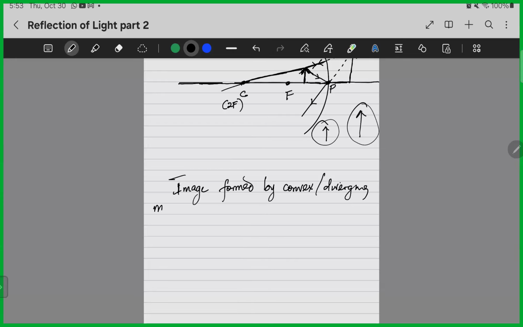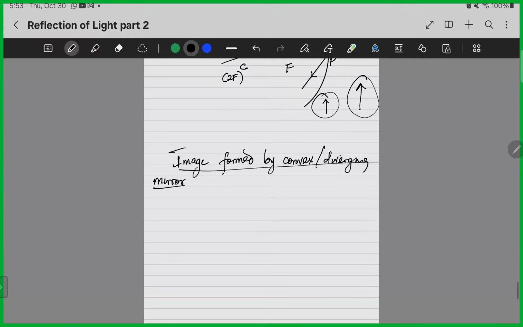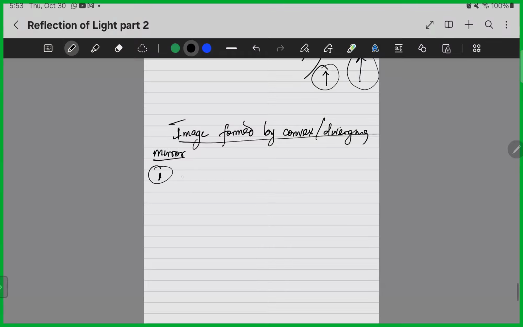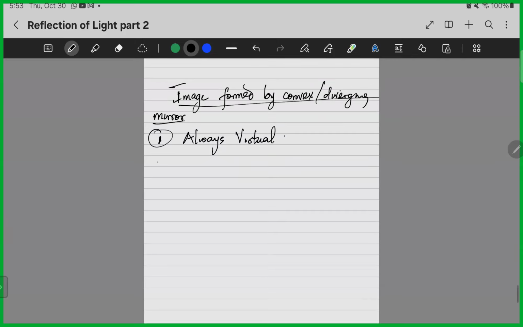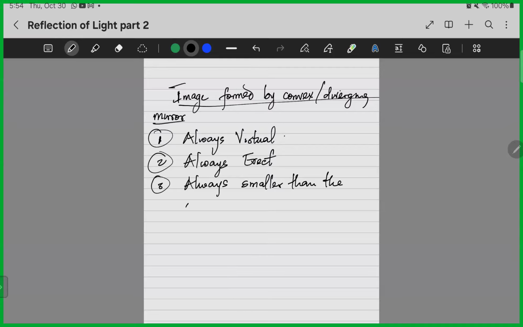In this case, the image formed by convex or diverging mirror is always, number one, let me just give you the features, always virtual, always erect, and always smaller than the object.